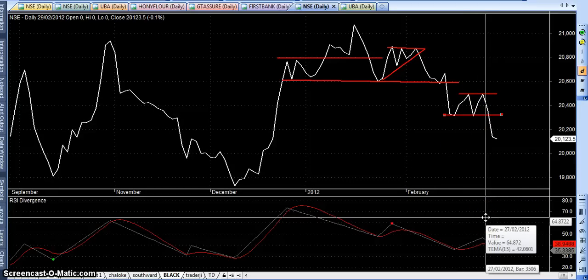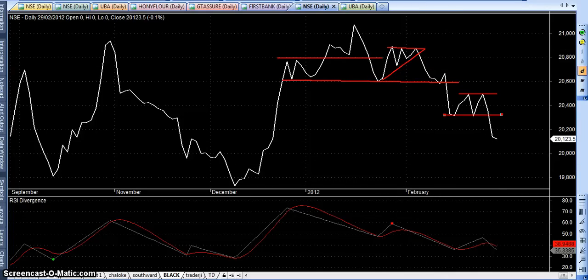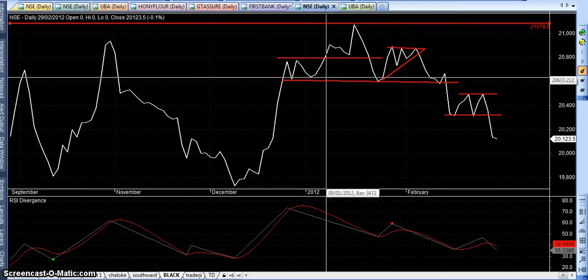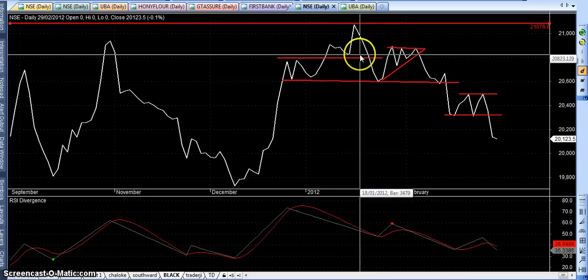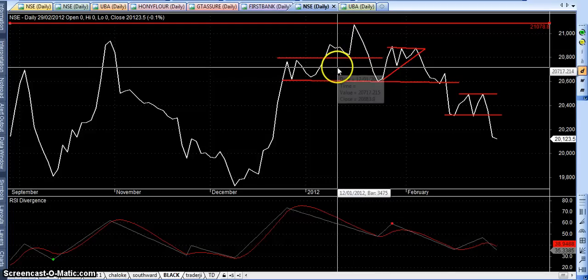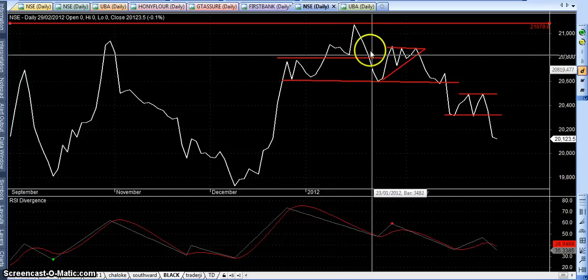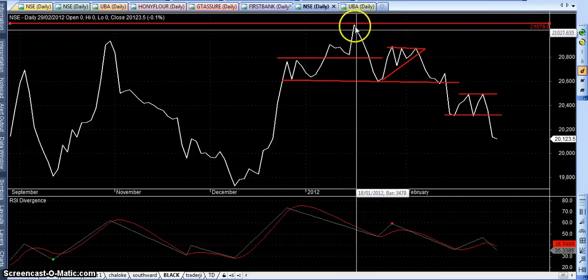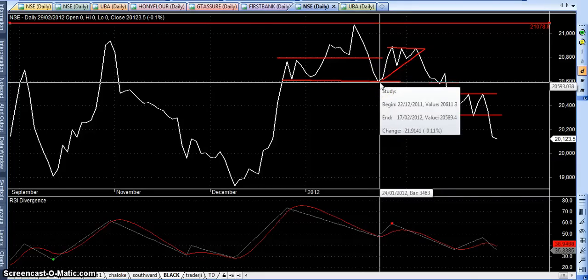Now I earlier said the bull trend ended here. This was the end of the bull trend, because from here we now stay. This was the highest we've seen for the year, and from there we started recording what we call lower highs. There were no more highs again. This was the highest peak for the year, and instead we moved down to a support.